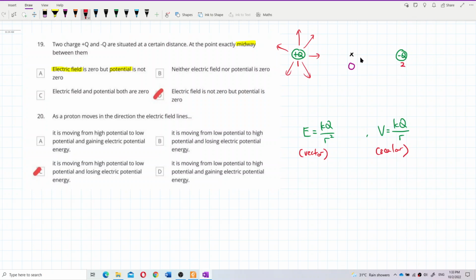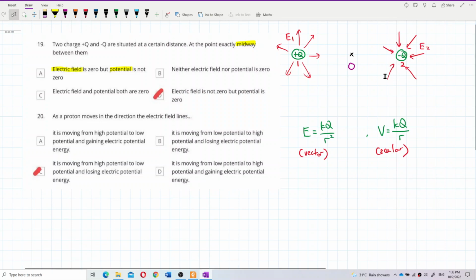The electric field for charge 1 is going out of the charge. The electric field for charge 2, because it's a negative charge, is going in towards the charge. So this is the electric field for 2.